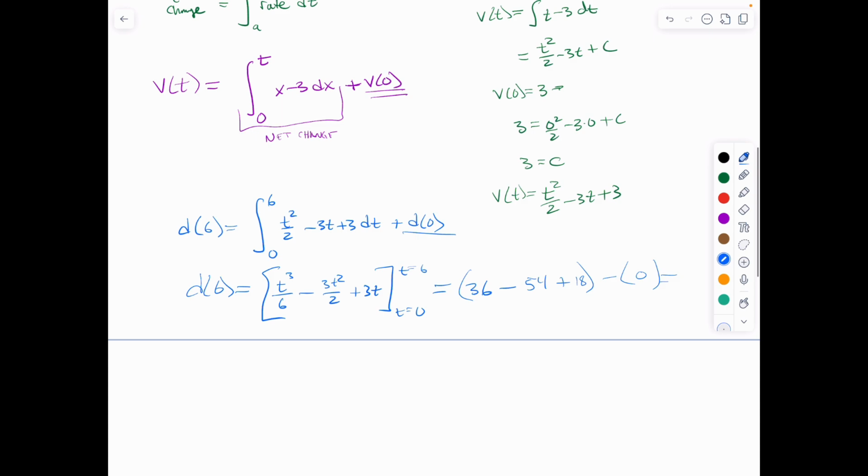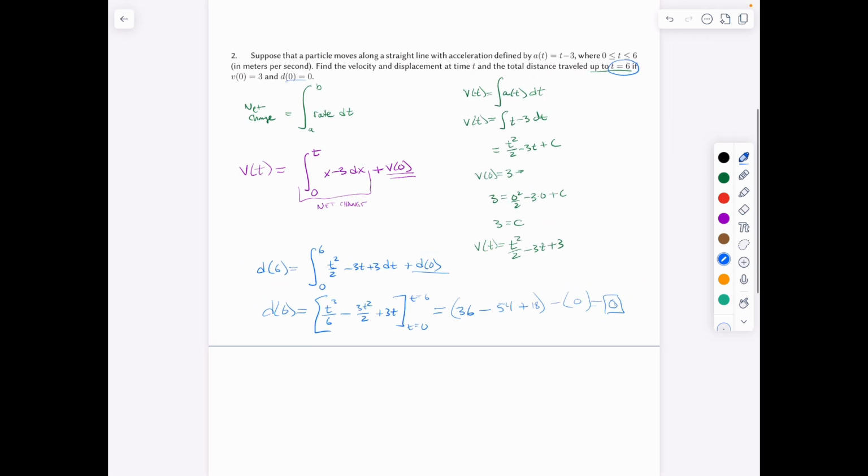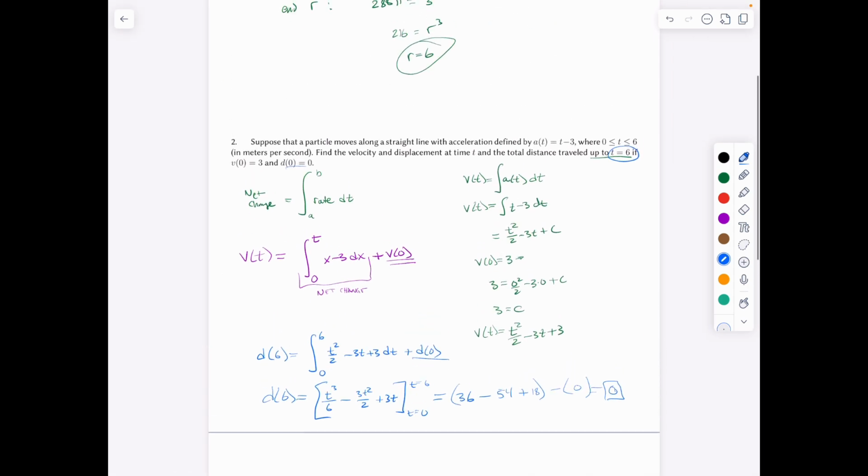Wow, that works out to be 0. Interesting. So this is really interesting, the total displacement is 0. So you end where you started. So this particle at t equals 6 is at the same place where it started.